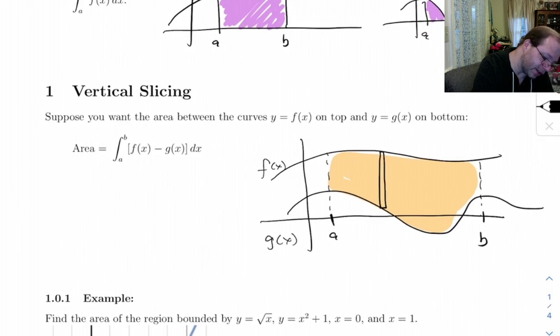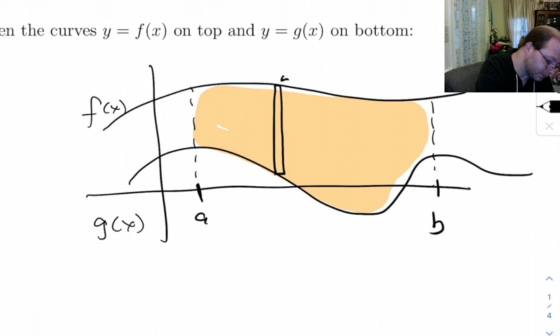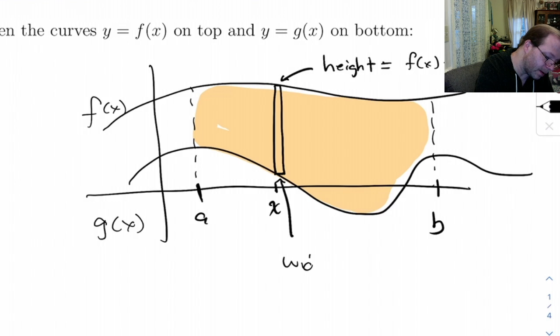Now if we look at this rectangle, I'm going to call this point just x. Its height is going to be equal to f of x minus g of x, so that's top minus bottom, and its width is just that tiny little change in x from one side of the rectangle to the other.